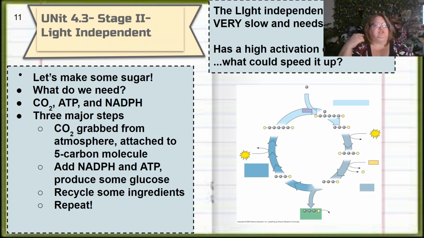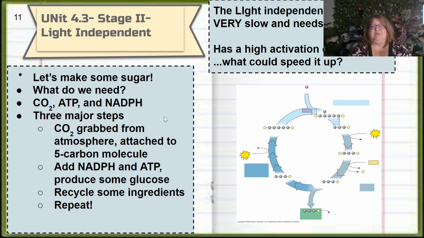You need something to lower the activation energy and increase the rate of a reaction to speed it up. Do we know something that speeds up a reaction and lowers activation energy? Enzymes. And so we have an enzyme that we're going to talk about, a very, very important enzyme.